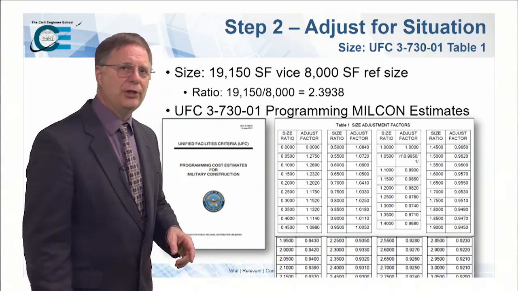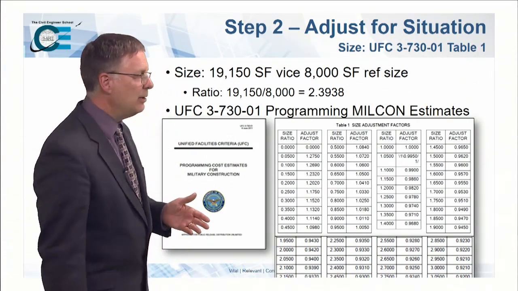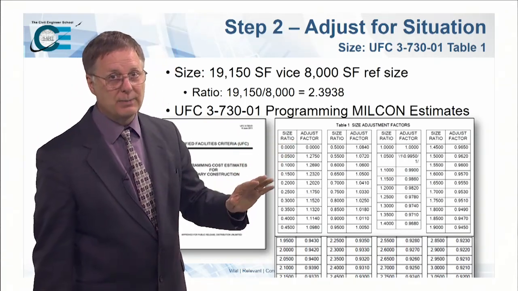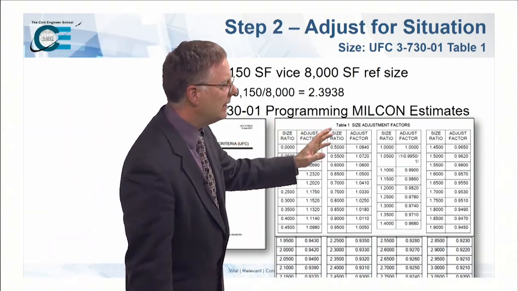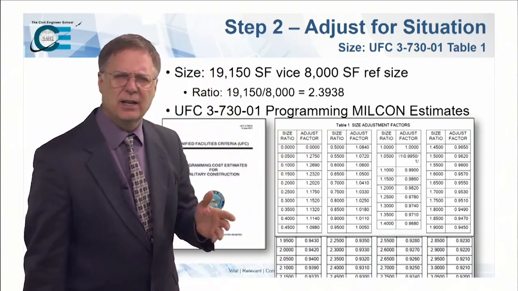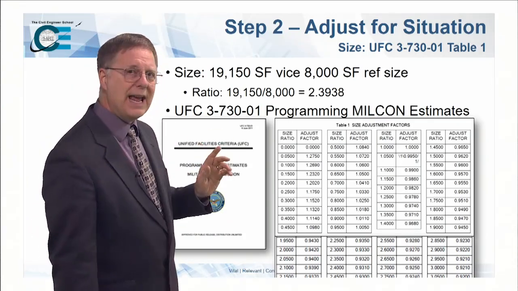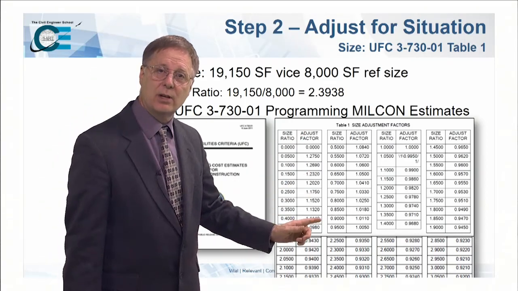So what we're going to do is go into UFC 3-730-01, and this is a different UFC, by the way. I've got this one posted to your website as well, so you can get both UFCs. You're going to get this table 1. It's on like the second or third page. You're going to leaf down, find table 1. And what they have is the size ratios in one column and the adjustment factors in the other column.